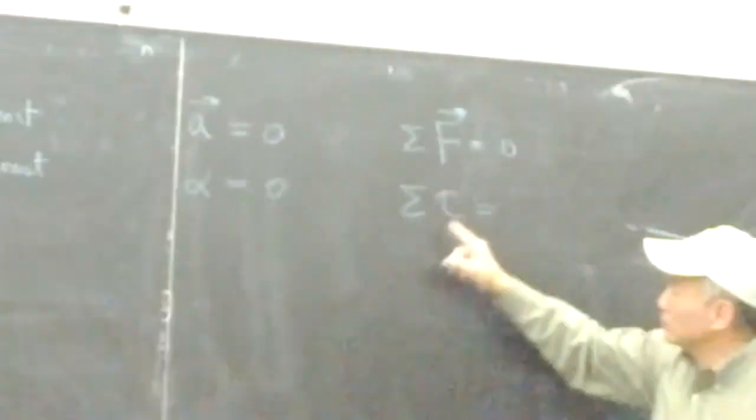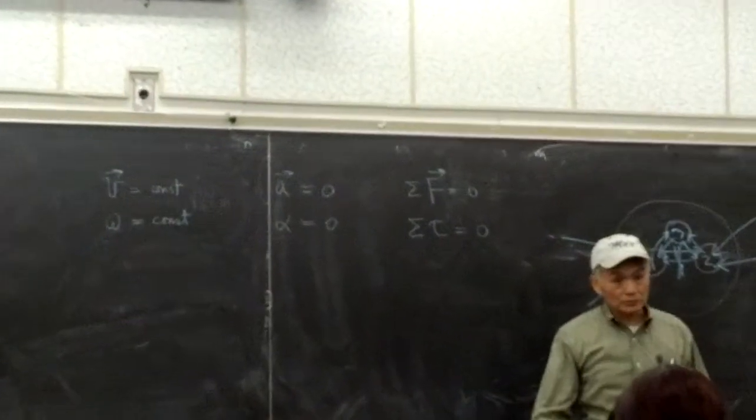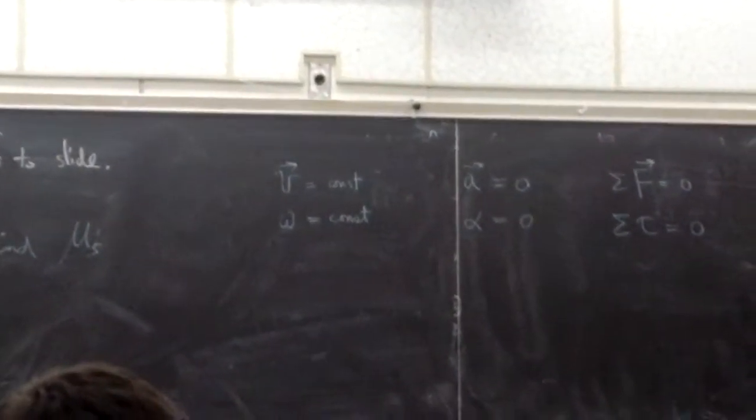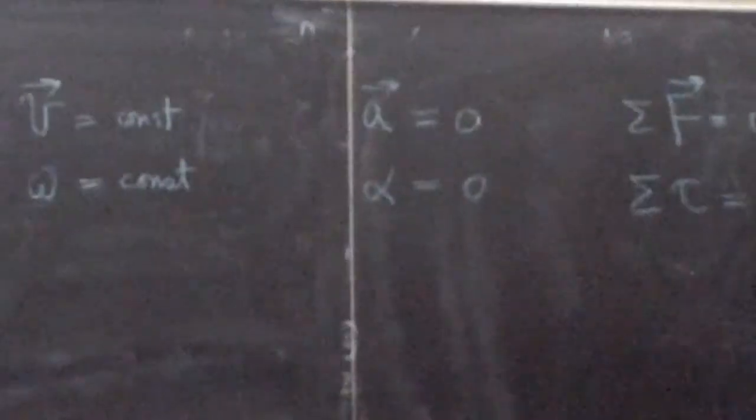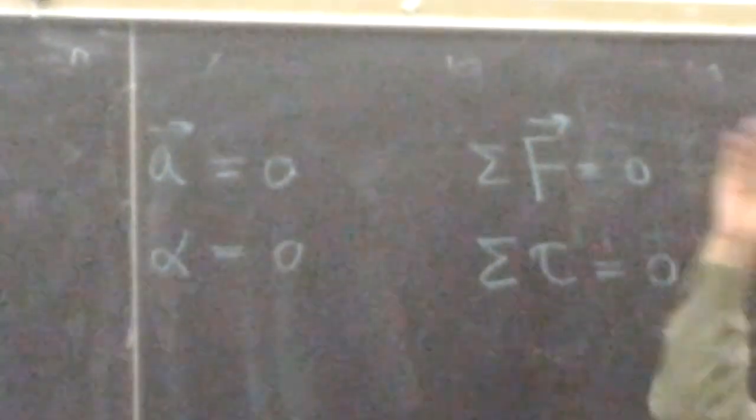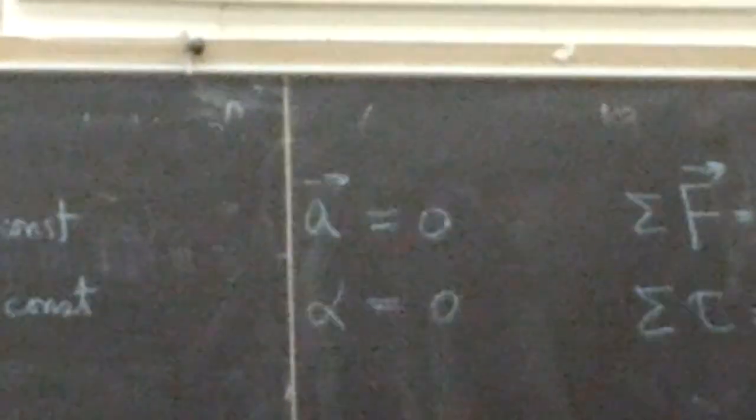Newton's second law for rotational motion. And if alpha is equal to zero, then the net torque is going to be equal to zero. Therefore, if you see things that don't move, the buildings, the bridges, the light fixtures, there are two conditions.